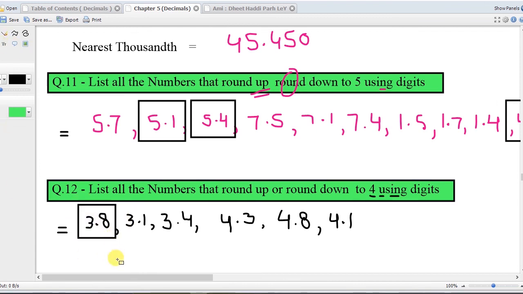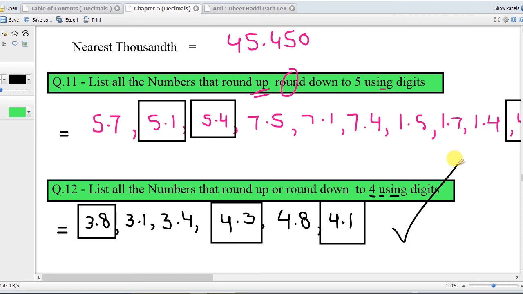Yes, it can be rounded up to 4. 3.1, it cannot be rounded up to 4. 3.4, it cannot be rounded up to 4, but it can round down to 3. Similarly, 4.3 can be rounded down to 4. 4.8 no, and then 4.1. So these are the 3 answers that we are getting.